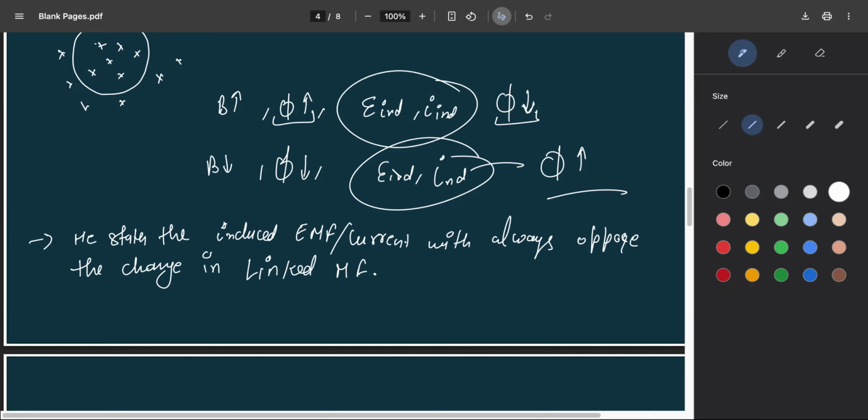When we talk about linked magnetic field, we mean magnetic flux. Okay, this is what I am talking about. Right.